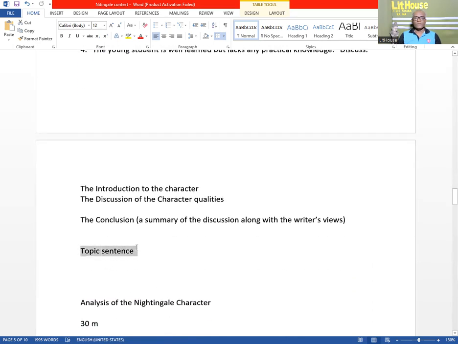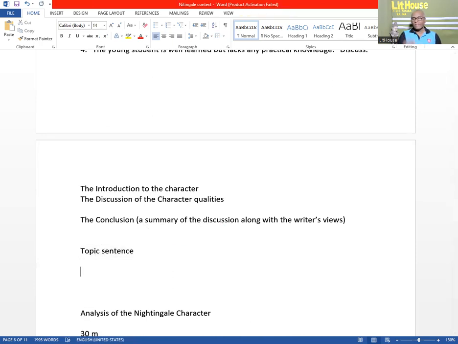Depending on the topic sentence. Then our next paragraph is about the Nightingale's admiration about true love. Okay, write down next paragraph.